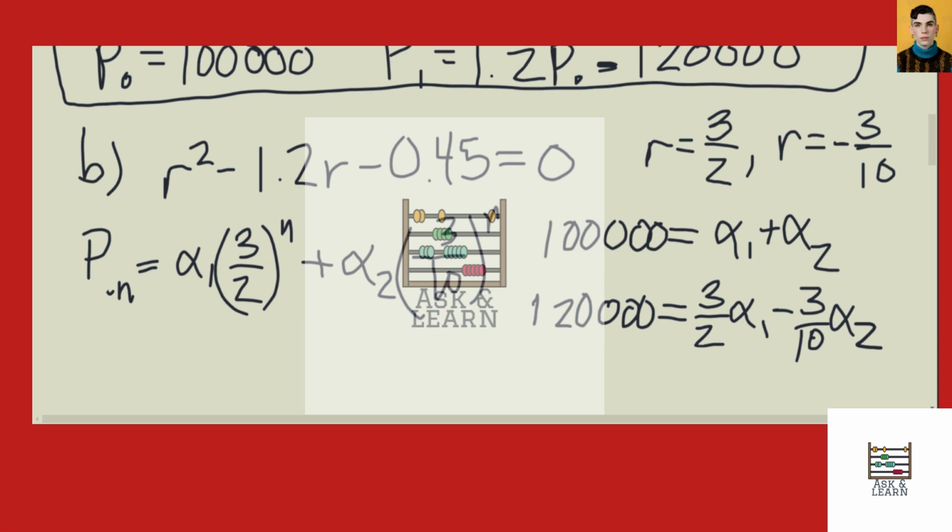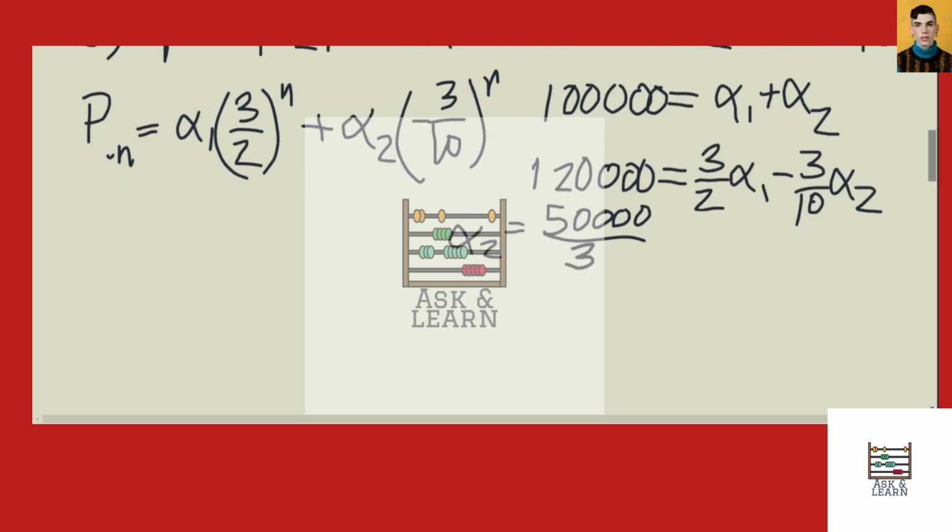And so if we solve this system of equations, we obtain that alpha 2 is equal to 50,000 over 3. And we obtain, by back substitution, that alpha 1 is equal to 250,000 over 3.